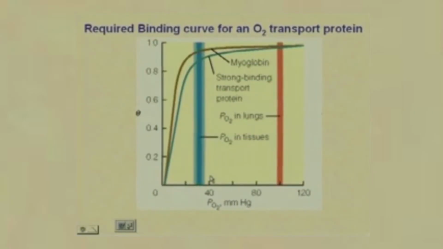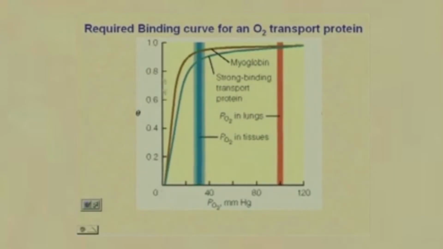Now, I want you to understand this very, very clearly. Suppose we have a situation where I have an oxygen transport protein. If you look at the curve on top, that's in purple here, or the darker curve, this is the curve for myoglobin that binds oxygen in a hyperbolic fashion.